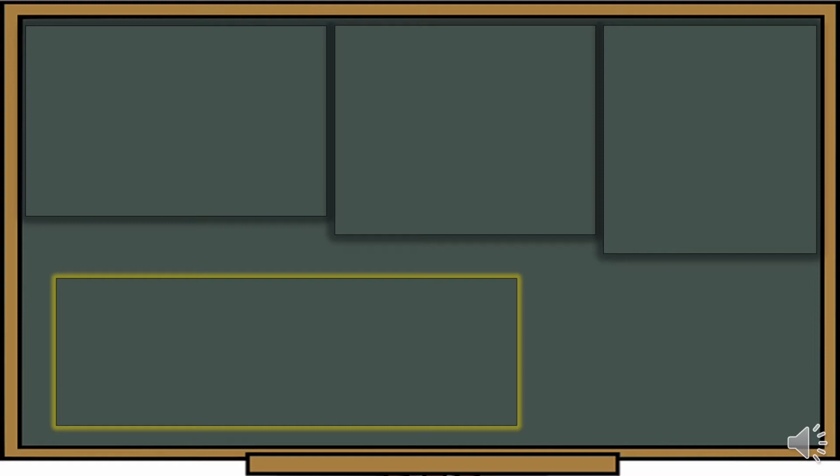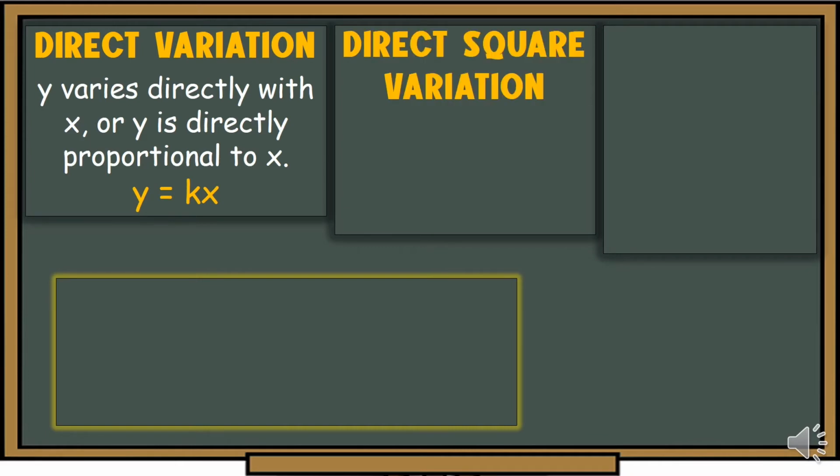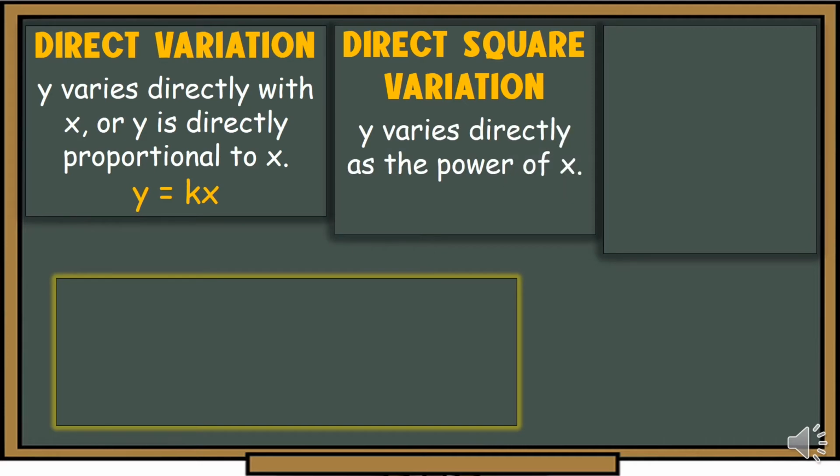Okay, let us recall the different types of variations that we had last time. First, we had direct variation. Y varies directly with x, or y is directly proportional to x, whose equation is y equals kx. Next, direct square variation. Y varies directly as the power of x.